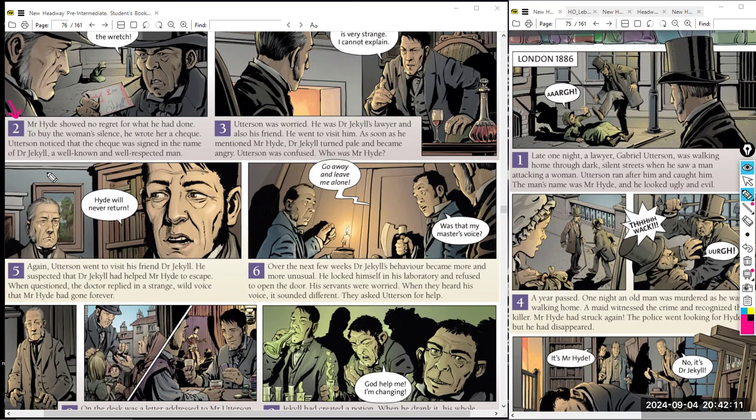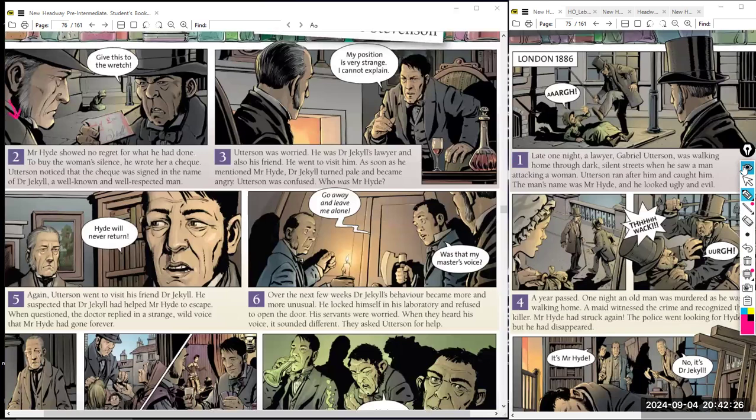Two. Mr. Hyde showed no regret for what he had done. To buy the woman's silence, he wrote her a cheque. "Give this to the wretch." Utterson noticed that the cheque was signed in the name of Dr. Jekyll, a well-known and well-respected man.